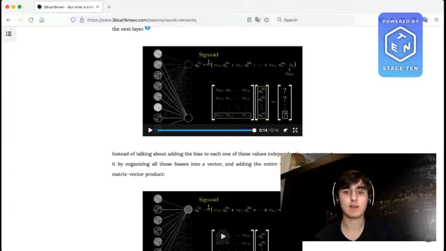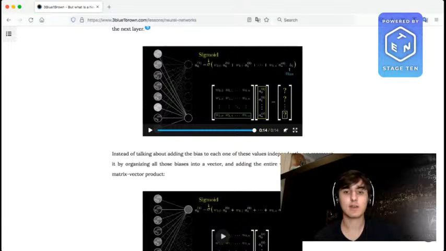So let's try to understand this a little bit. The first neuron is equal to the sigmoid function of the weight times the activation of the 0th plus the bias. And when I say the first neuron, I mean the first layer.